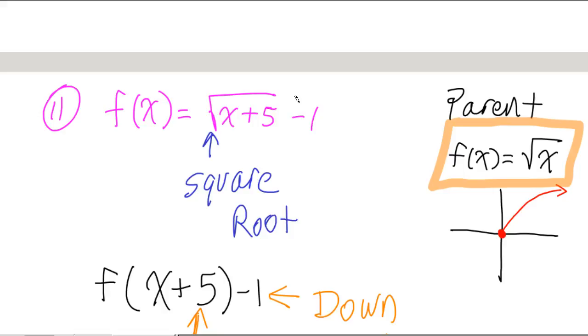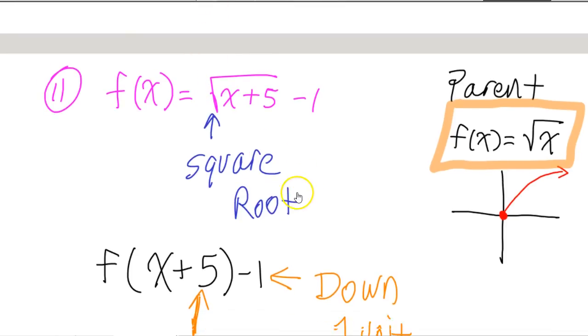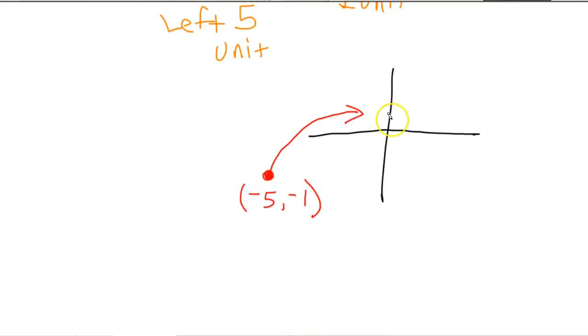If I do that on my calculator, the square root of 5 and then -1, I get that that is about, and for some reason my calculator just does not want to work today. There we go. It is about 1.23. So when it crosses right about here, this is the y-intercept, 0, 1.23.